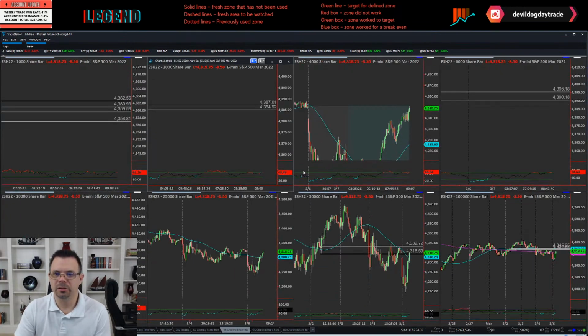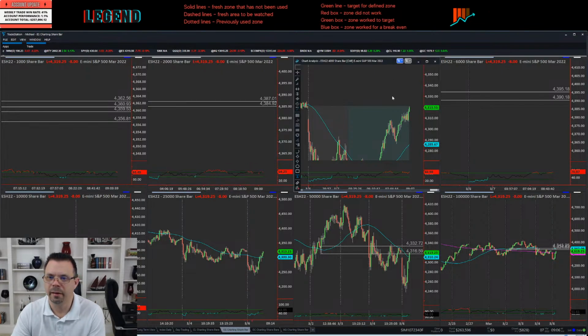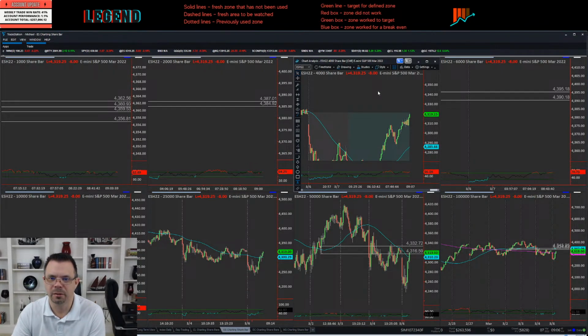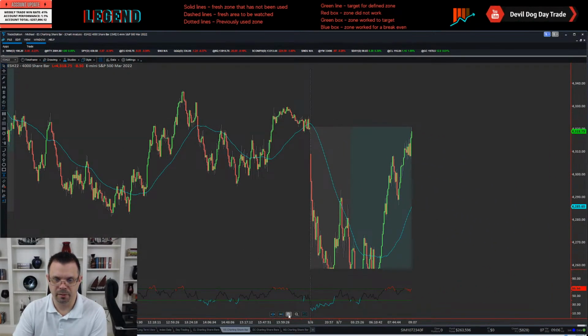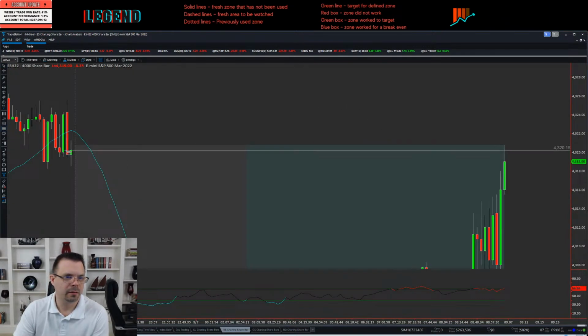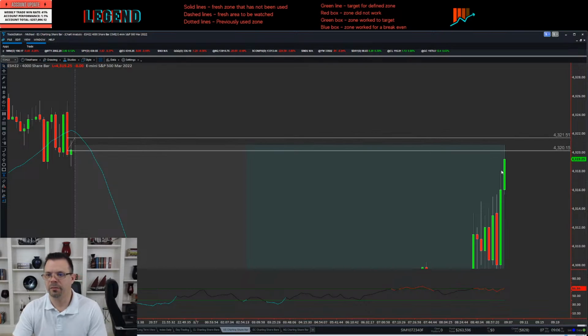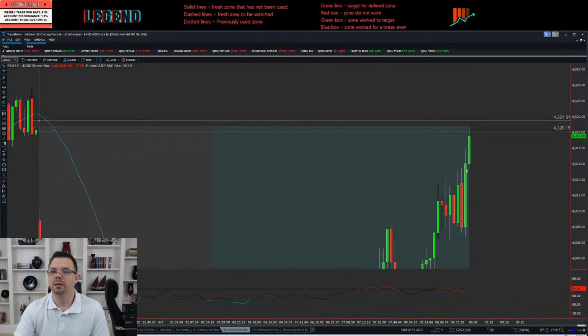Just jumping over to ES share bars just to see again, looking at negative divergence and maybe a better picture on here. You actually do have an interesting setup here where you've got, so this would be the trade right here. You do have negative divergence on RSI.